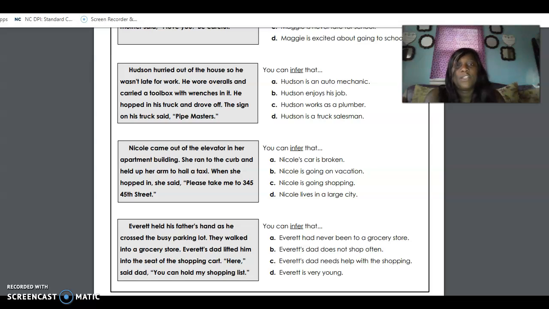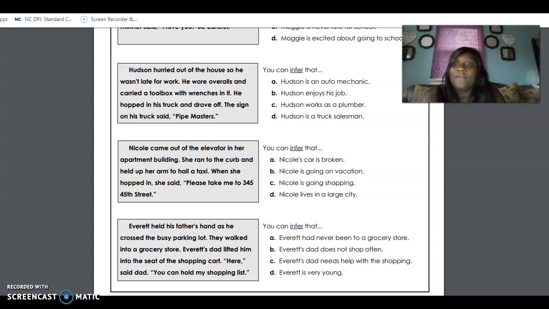B, Hudson enjoys his job. C, Hudson works as a plumber. Or D, Hudson is a truck salesman. So before you choose your answer, you would need to make sure that you have slashed the trash and that you can refer back to the paragraph to support your answer.